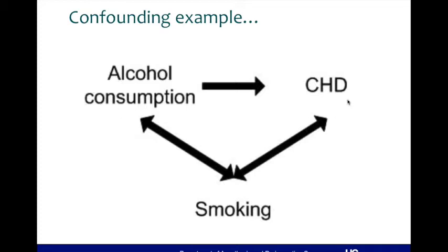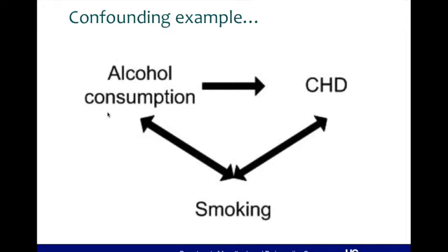And there was some indication that alcohol may be associated with or cause ischemic heart disease. What people didn't initially think about was that one thing that's also very highly associated with alcohol consumption is cigarette smoking.